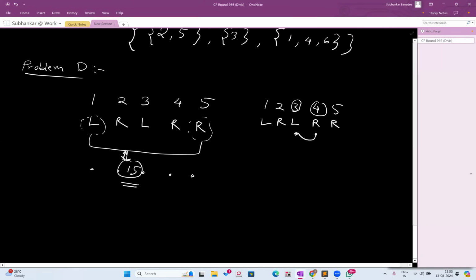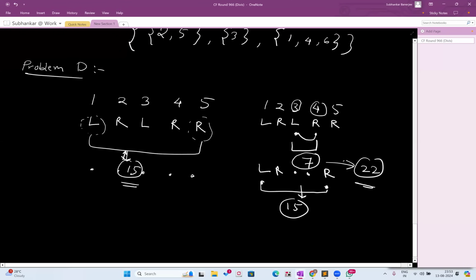If we choose this as L and this as R, we get 7 score. And the updated string becomes like this, these two indexes become void. And now we can choose this, and again 15 will be added. So basically, we are getting 22 as the answer.